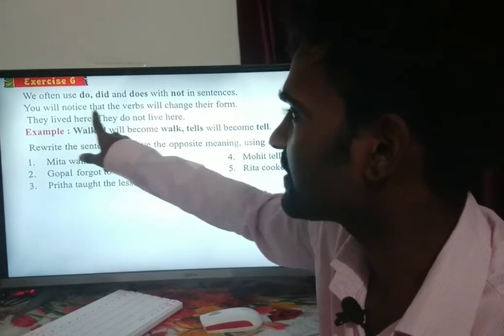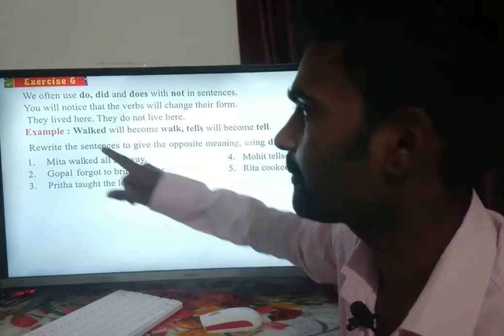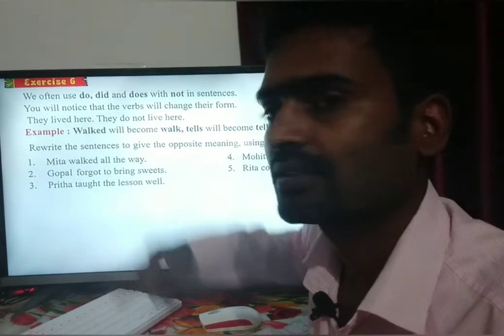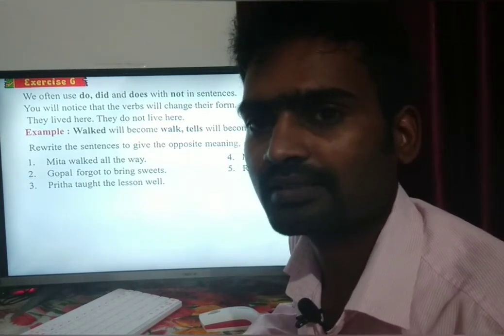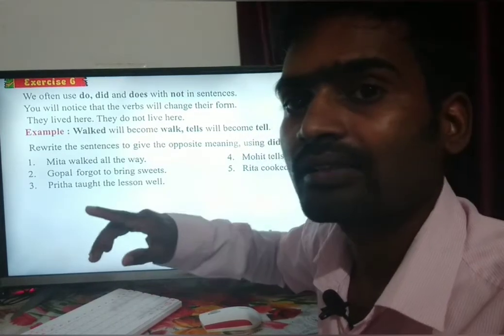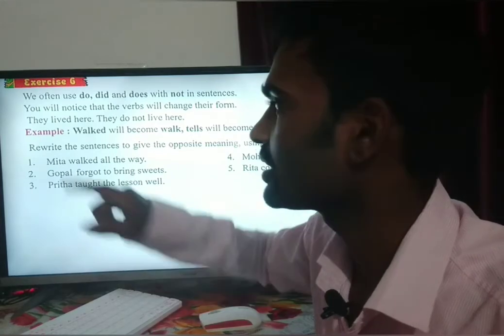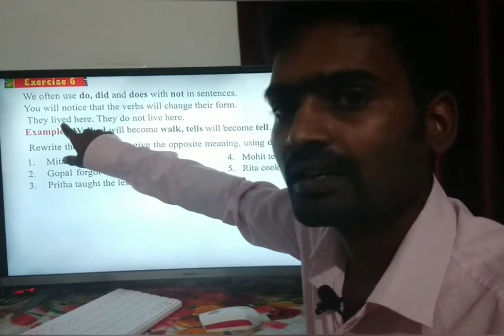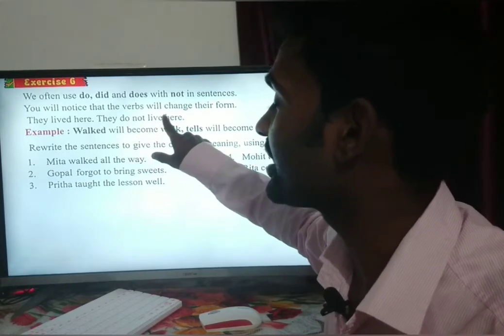You will notice that the verbs will change their form, as I said, right? They lived here. This is a past tense. So when we change it as a negative sentence, the verb form will be changed. Here they lived is a past form. They do not live here.